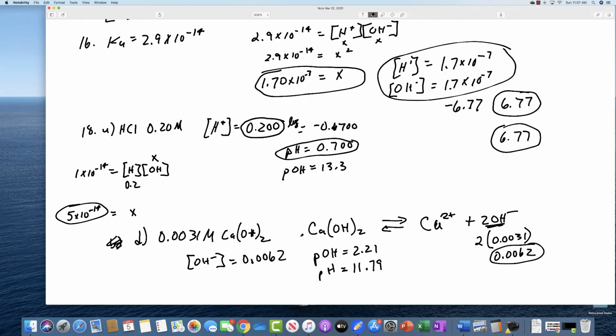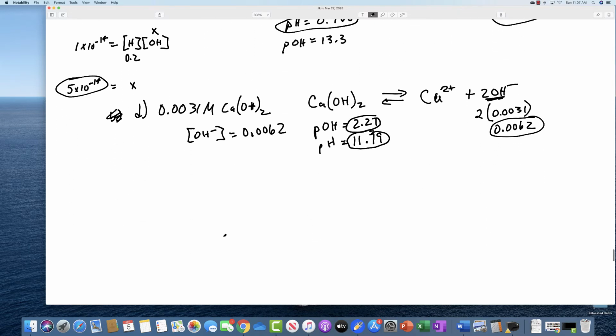So in D, the pOH is 2.21 and the pH is 11.79. Now that's assuming complete ionization, which is what the question says. It's very important to remember that we will be doing problems in the future where this ionization is not complete.